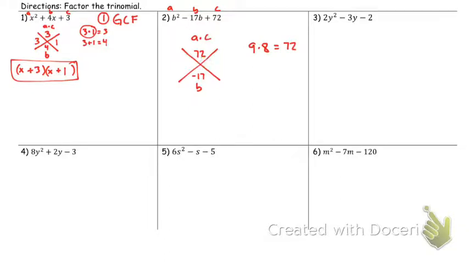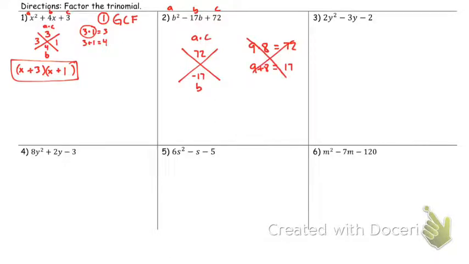All right, but if I add these guys, it gives me positive 17, which we don't want. We want negative 17. Okay, so how can I still make it positive when I multiply, but negative when I add? So the answer to that is this combination is not going to work.